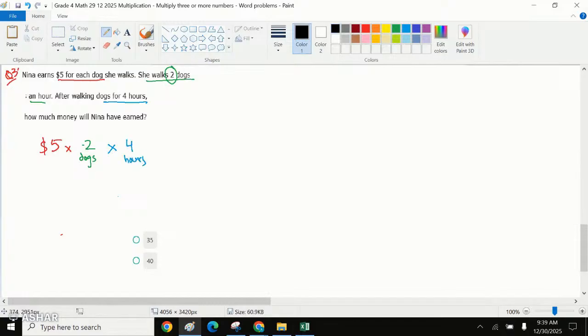So which option should be correct? Option A or option B? $5 per dog.